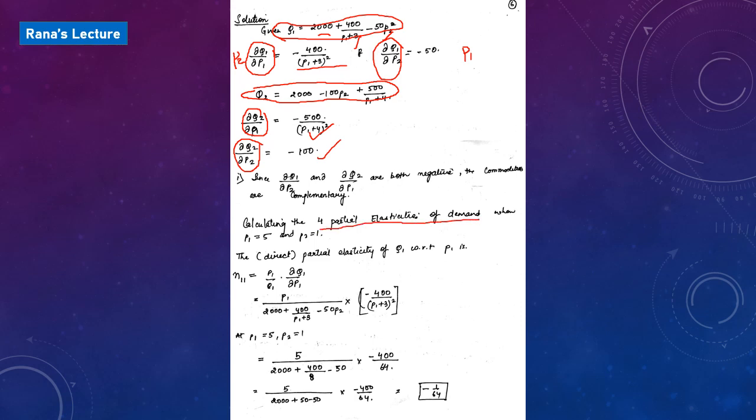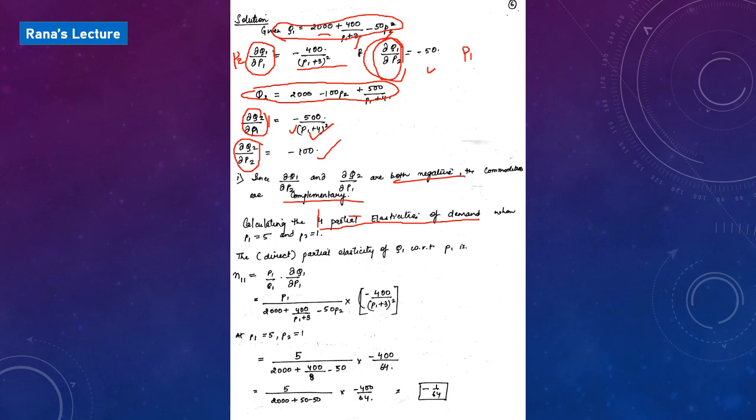Now you see that delta Q1 by delta P2 is minus 50, right? And delta Q2 by delta P1 is also minus 500 by P1 plus 4 to the power 2. These both are negative, right? So the goods are complementary.